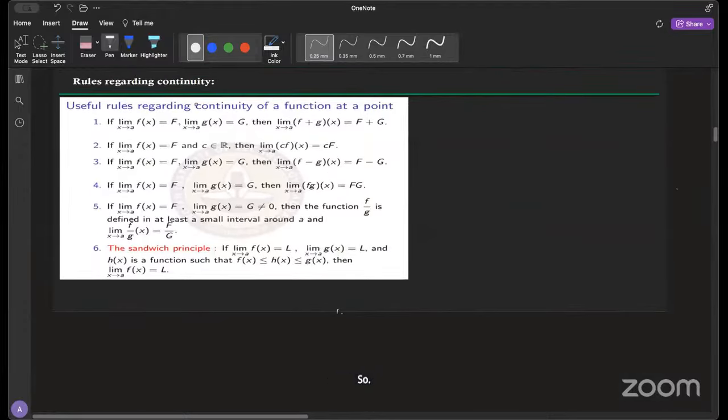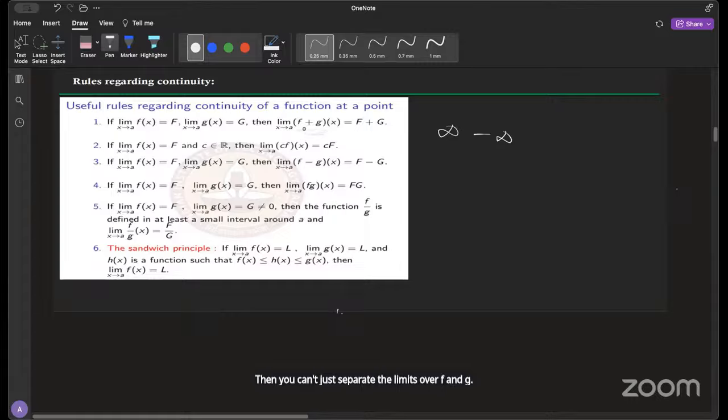Now coming to the algebra of limits. So for the sum, you just directly separate the limit over these two. You can separate the limit over this and the limit over this, provided you have finite limits. Sometimes if f's limit is infinity and g's limit is minus infinity, then you can't just separate the limits over f and g.